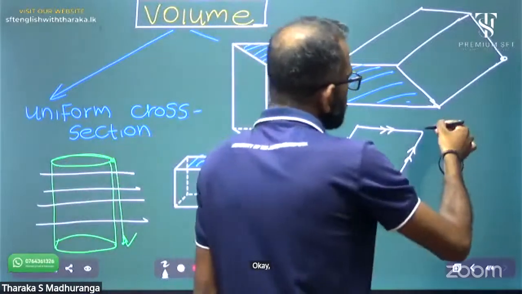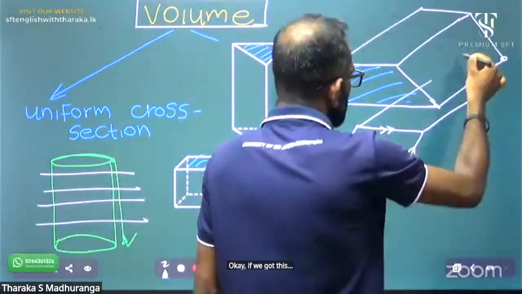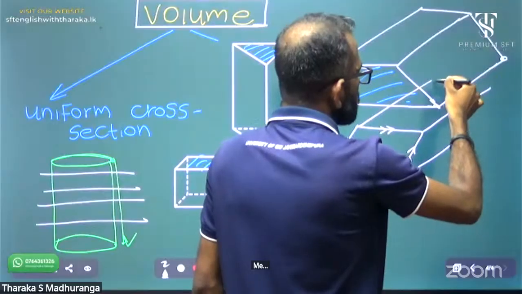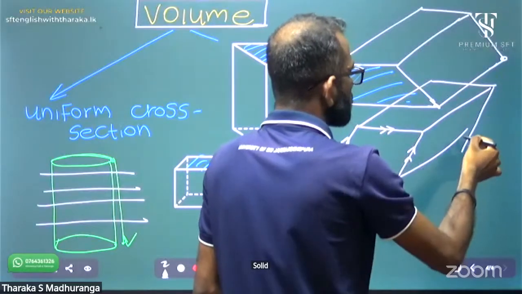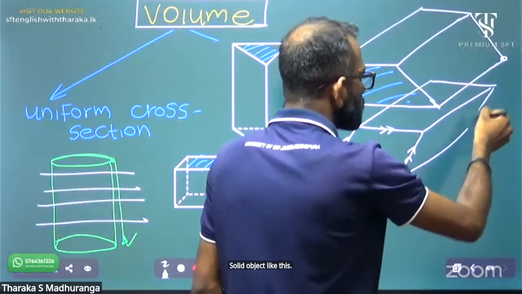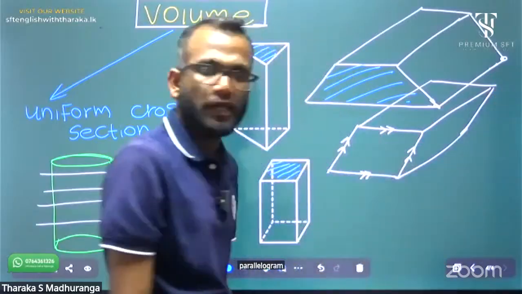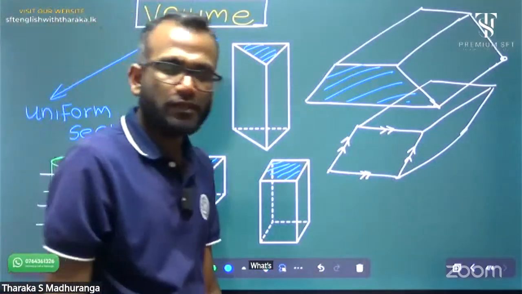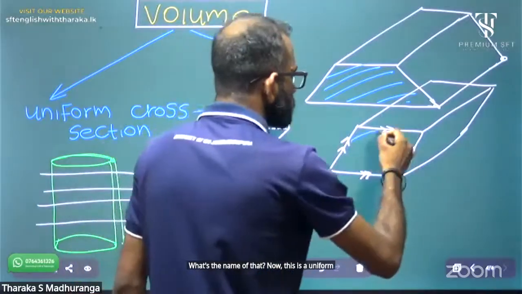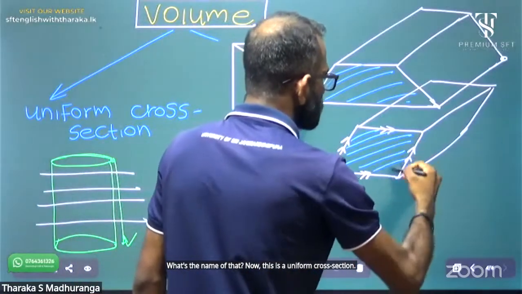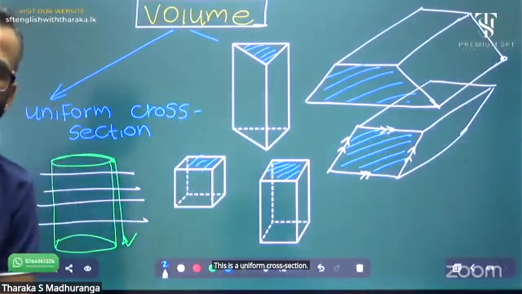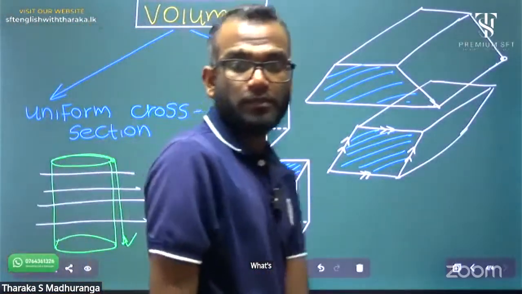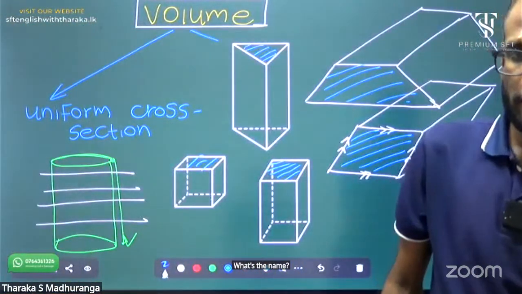Okay, if we got a solid object like this, a parallelogram uniform solid object, what's the name of that? Now this is a uniform cross section. What's the name?